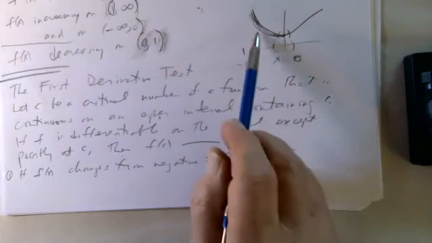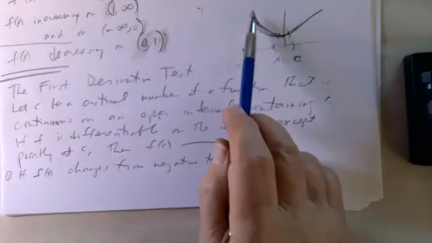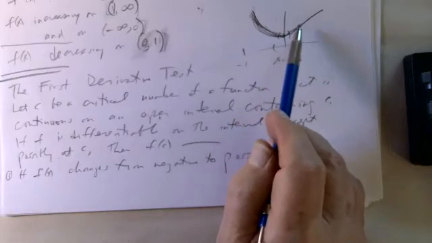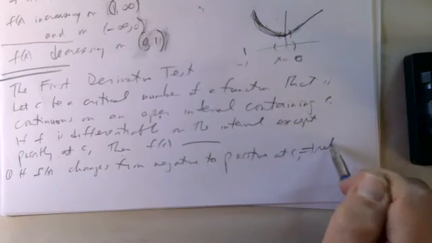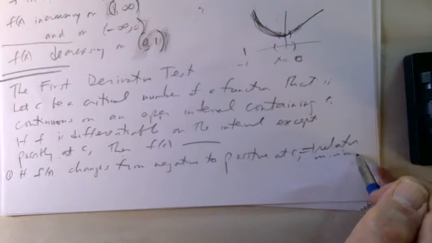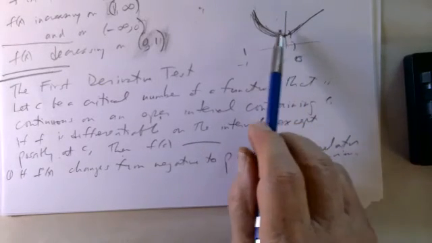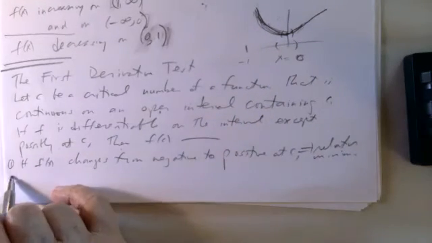Here, c is 0. The derivative here is negative and here is positive. So the derivative changes from negative to positive at c. At that point, you have a relative minimum, which is just what you see in the picture. The slope goes from negative to positive, relative minimum.